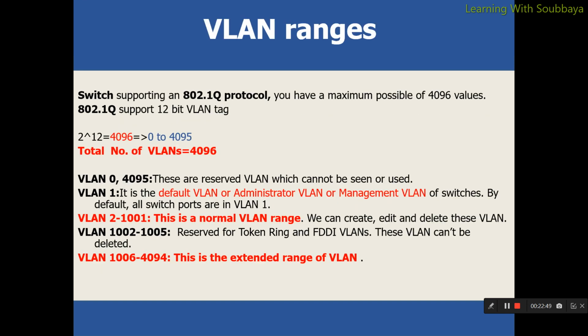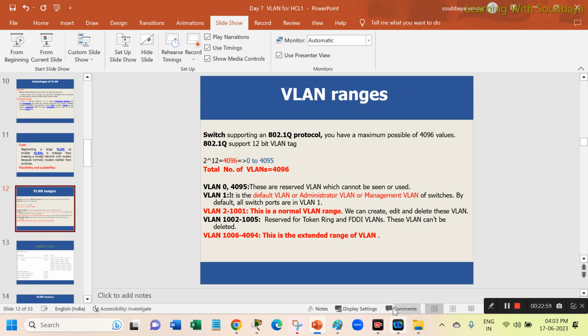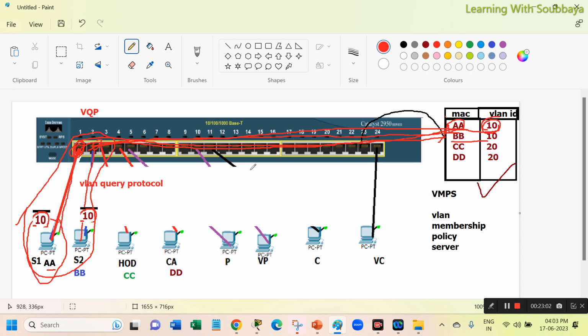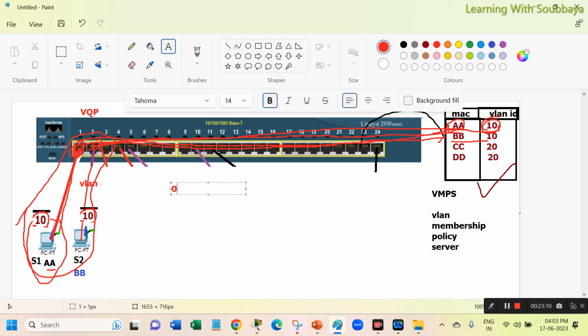Next thing, VLAN range. We discussed VLAN 10, VLAN 20, VLAN 30 and VLAN 40, right? Then totally how many VLANs are available? The VLANs start from 0 and go up to 4095.